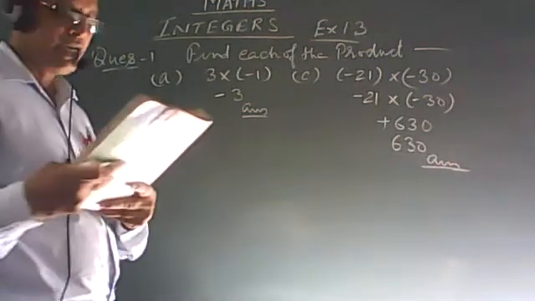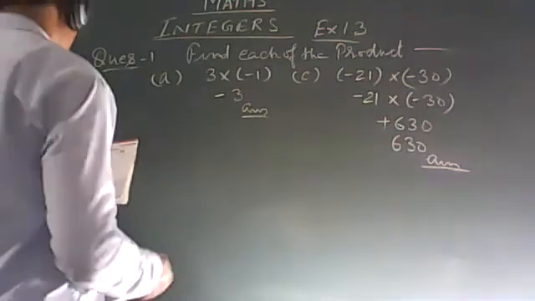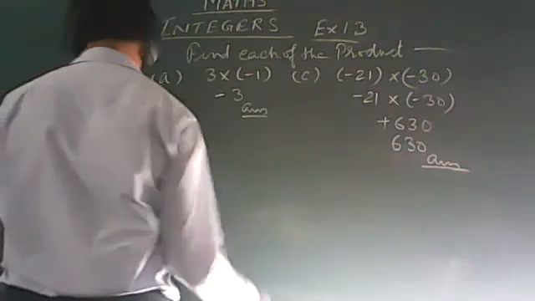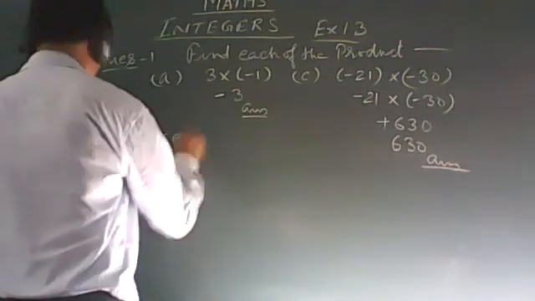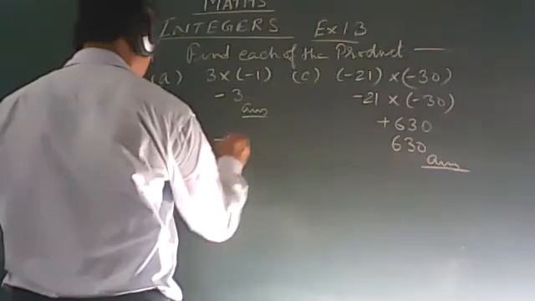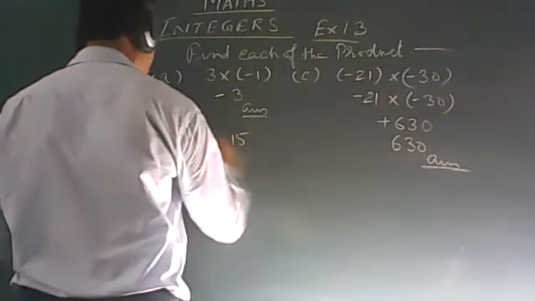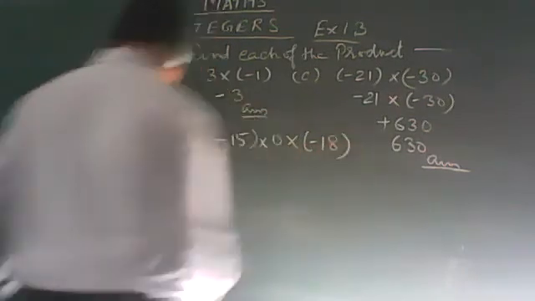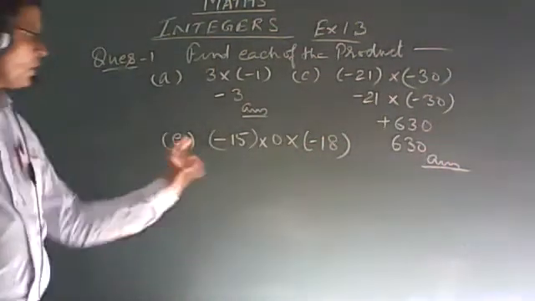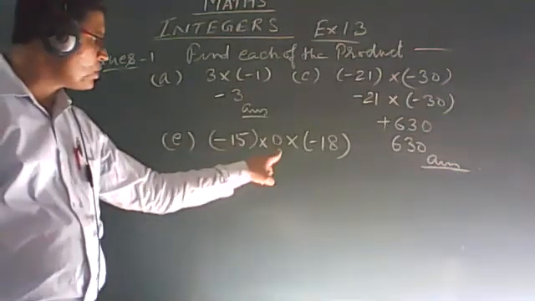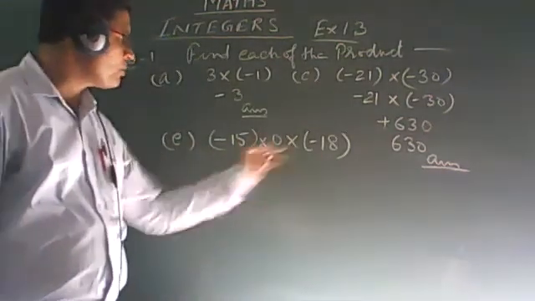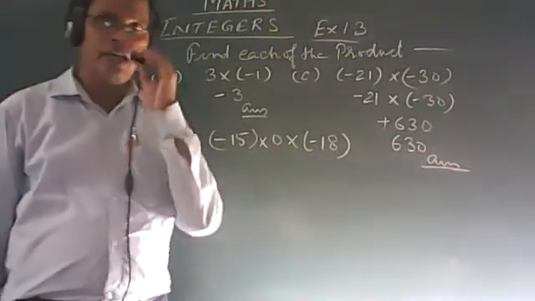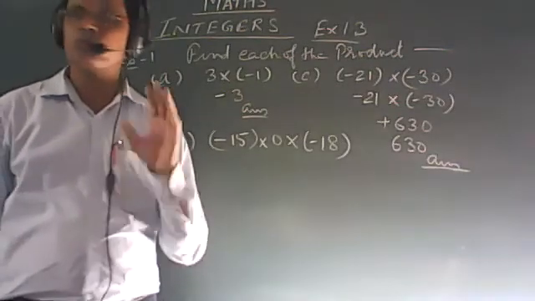Now we take the E part. E part is minus 15 into 0 into minus 18. In this, one number is 0 and we multiply both the numbers. That means if 0 is multiplied by any number, the answer is always 0.